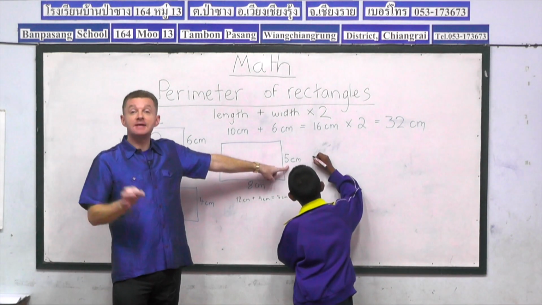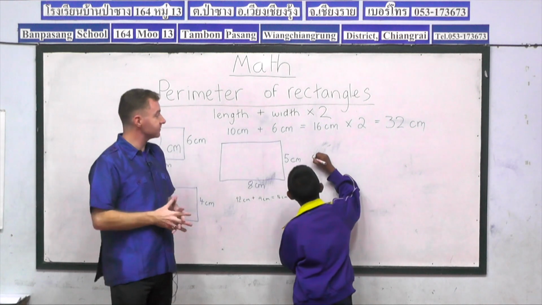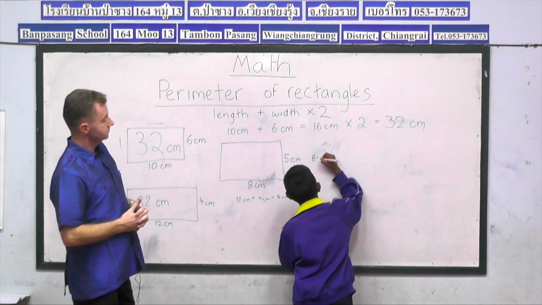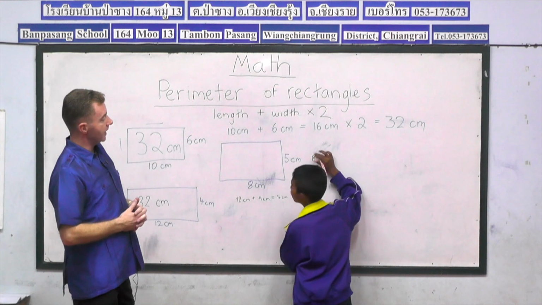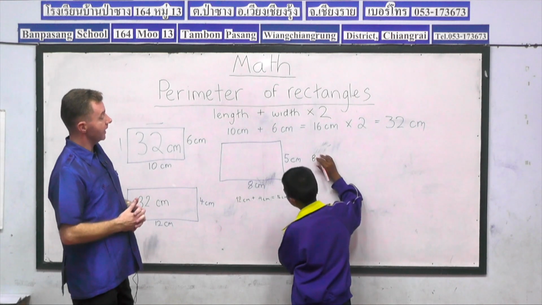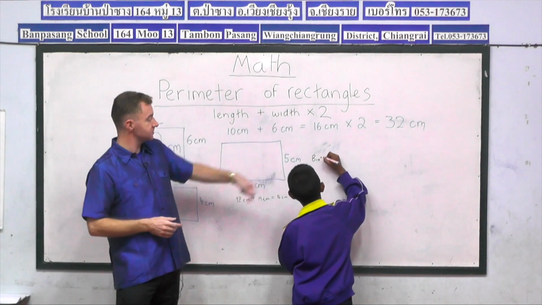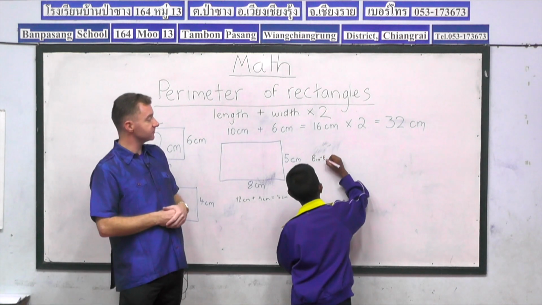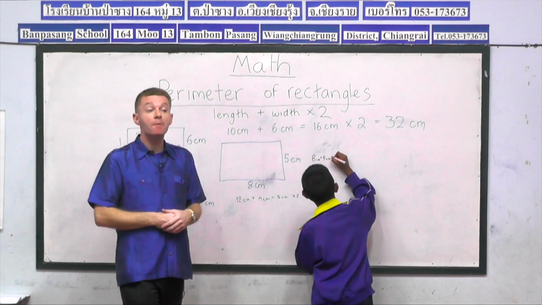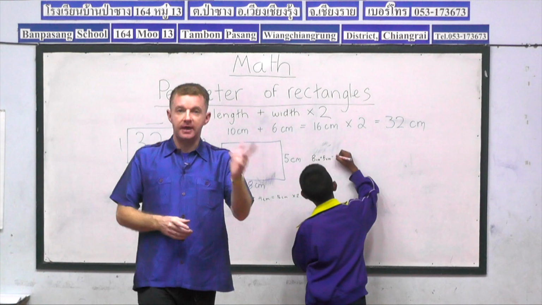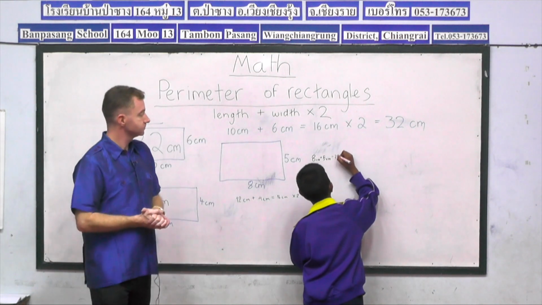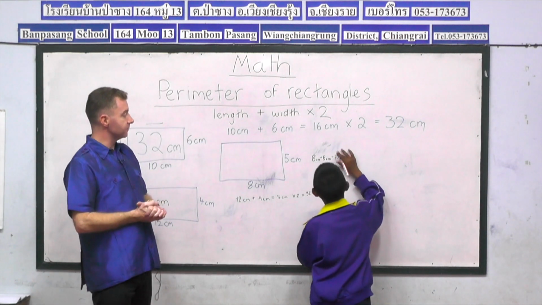8 centimeters plus 5 centimeters. So 8 centimeters, you can use the unit too. 8 centimeters plus 5 centimeters equals how many centimeters? 13 centimeters.